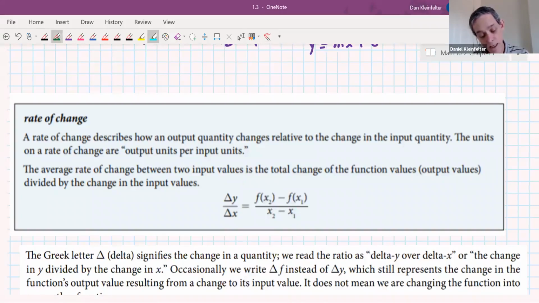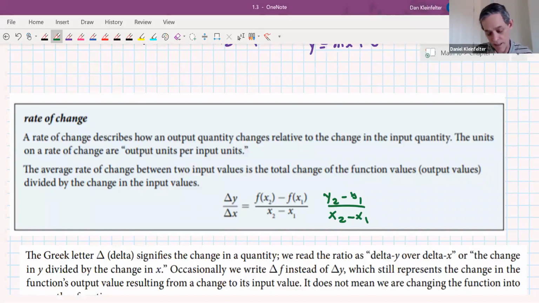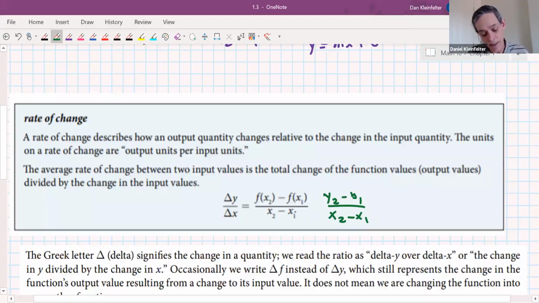And this should look a lot like our slope formula that we had above, y2 minus y1 over x2 minus x1. And it's really similar. The output, remember, to a function is a y coordinate or y value. So it's really just a relabeling, taking into account that f can be just a general function and is not necessarily a linear function.